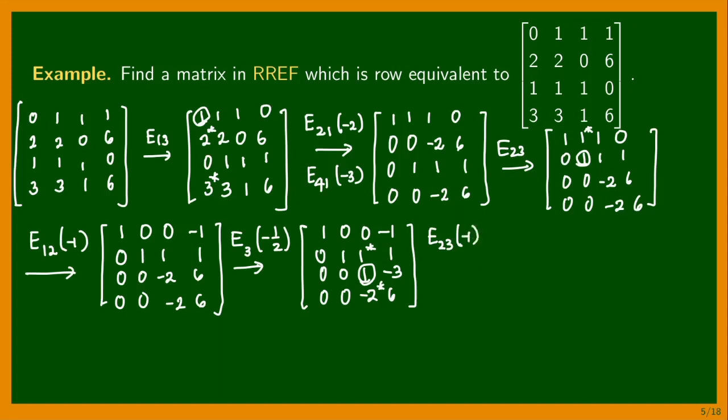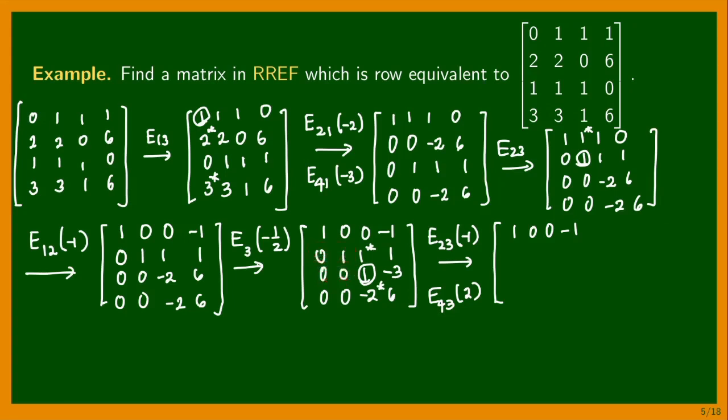To eliminate the negative 2, I should replace the fourth row. The pivot is in the third row. We multiply the pivot by 2, the additive inverse, and get the following as a result. 1, 0, 0, negative 1. The second row will be replaced, because below these are already 0, so nothing will really happen to this.